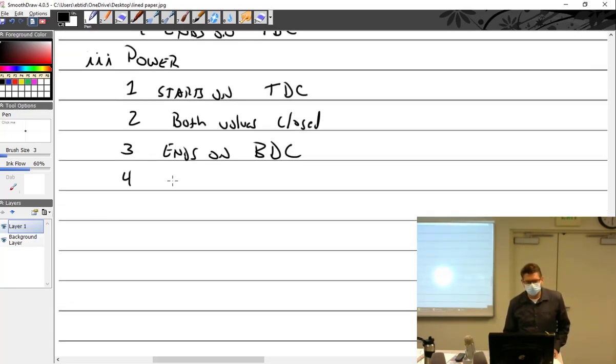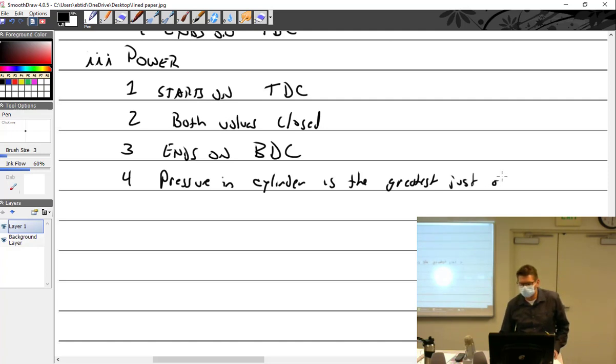The pressure in the cylinder is the greatest just after top dead center. So it starts at top dead center, then boom, pressure is the greatest right about there.